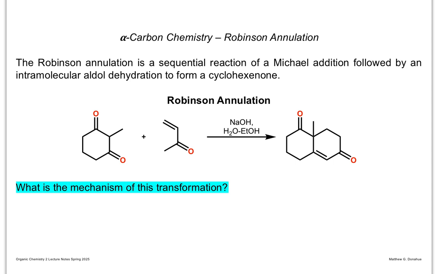A Robinson annulation is two reactions in one sequence. It's a Michael addition followed by an aldol dehydration. And it forms a specific substructure that you can look for to say that that came from a Robinson annulation. So let's look at these two starting materials.